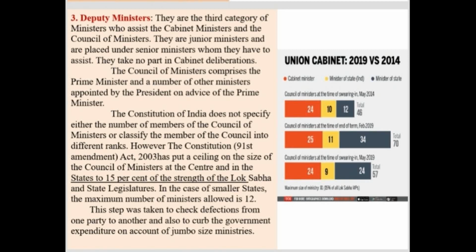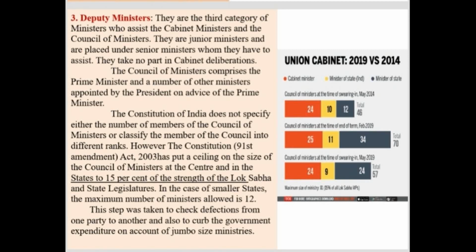And now let us go through a little bit of this council of ministers only. This council of ministers, which includes the three categories which we have discussed now, includes the prime minister and other ministers in total, and these people are appointed by the president on the advice of the prime minister.